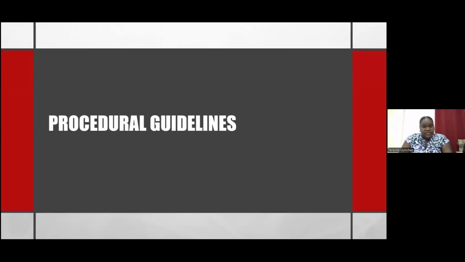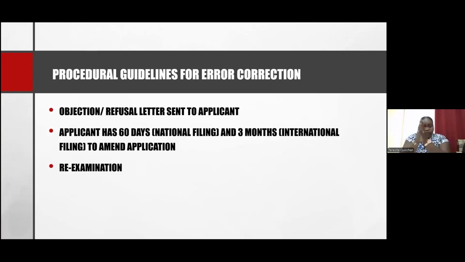Procedural guidelines. When we find irregularities, we would issue objection or refusal letters. The letter would clearly outline the nature of the issues, referencing the specific errors and the applicable legal or procedural requirements. Applicants have 60 days from the date of the objection or refusal letter to respond and make the necessary amendment.